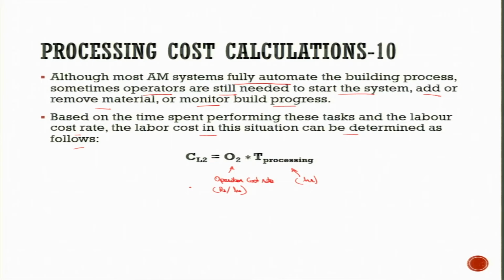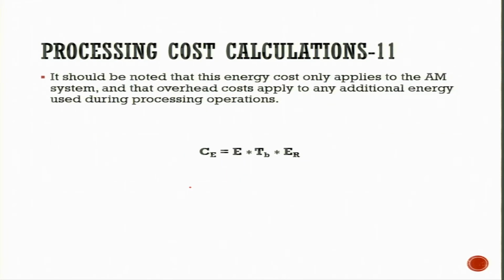Next comes the energy cost. It should be noted that this energy cost only applies to the additive manufacturing system, and the overhead costs apply to any additional energy used during the processing operations. So this is only the energy consumed in an additive manufacturing system, which means in the machines of additive manufacturing.